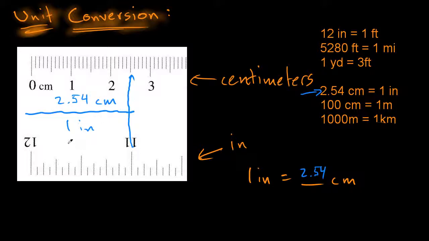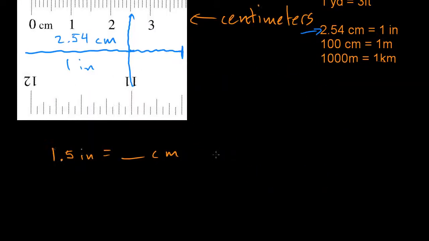centimeters. Well, how many centimeters would there be in 1.5 inches? What if I went to here? Well, one way I like to think about how to convert between units is to just take a conversion fact, like 2.54 centimeters equals 1 inch.